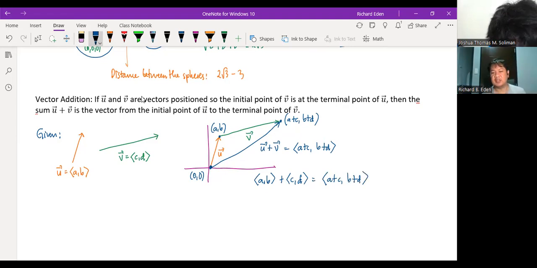So what we get out of this is that to add two vectors, all we need to do is add the corresponding components.